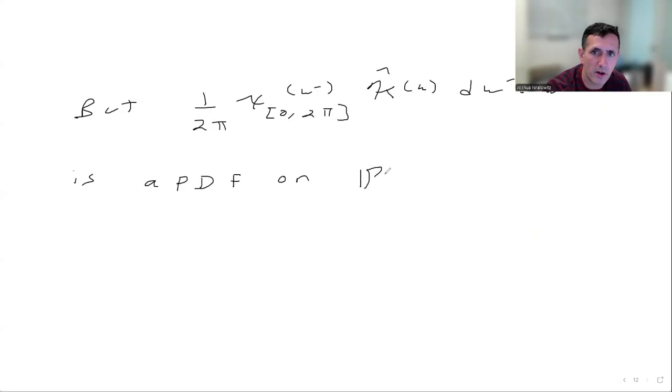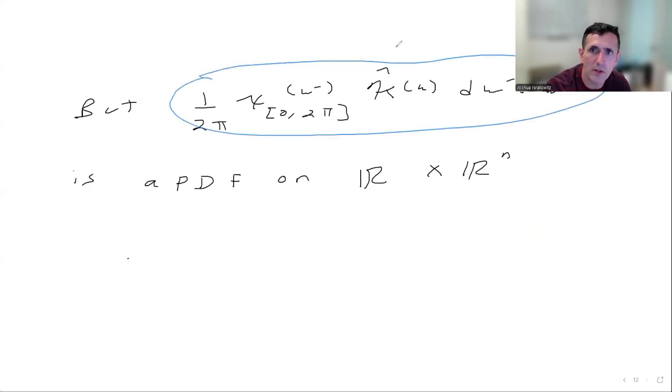This is a PDF on Rn times R. And really, so what is this? It shouldn't look weird at all. This is really k hat times the uniform distribution on 0 to 2 pi. That's really what this probability is.